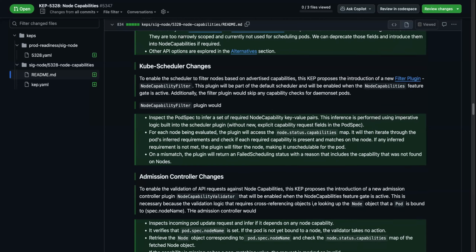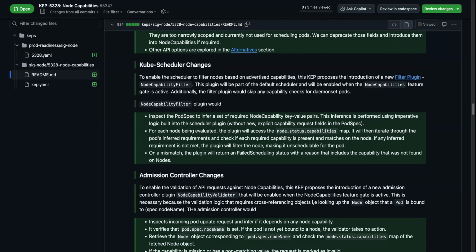On the scheduler side, what we are proposing is to include a filtering plugin called node capability filter, which would inspect the pod spec and map them to features that are enabled on the node, and filter out the nodes that do not have a feature the pod is looking for enabled on the node. So I can pause here for any questions. I hope the high level idea is clear enough.